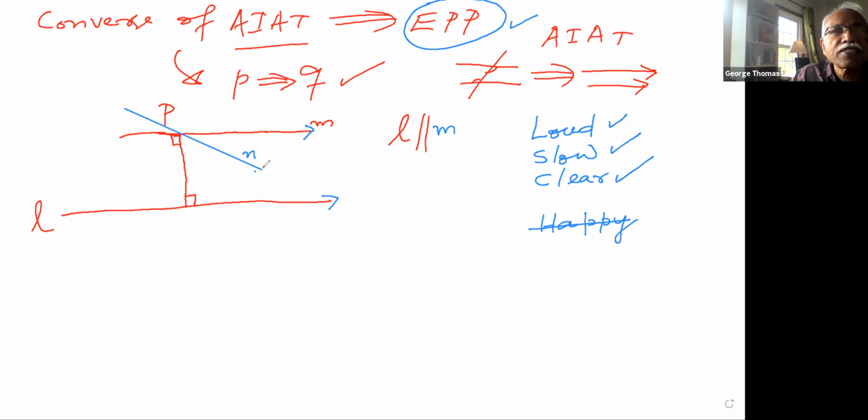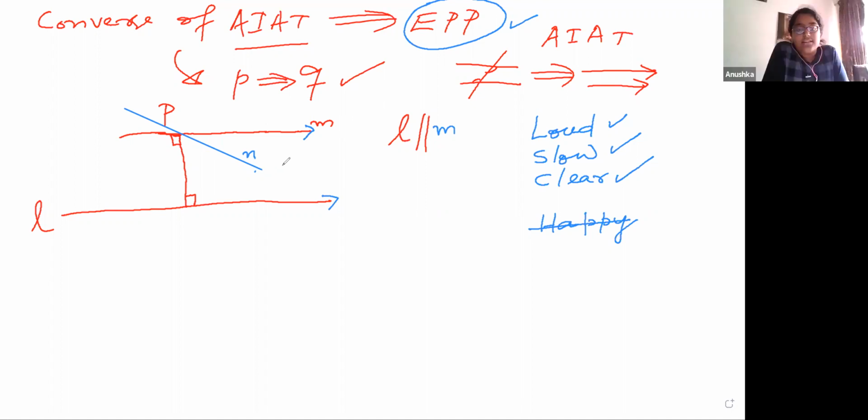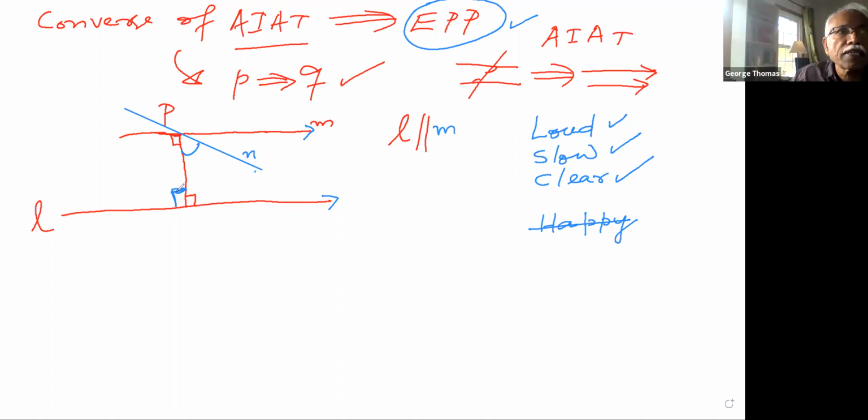Then what does the converse of AIAT say? Assume N and L are parallel. By the converse of AIAT, the angle formed by the intersection of M and N is equal to the supplement of the right angle on the bottom. The alternate angle, yes.